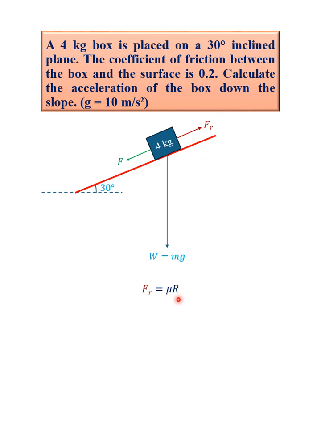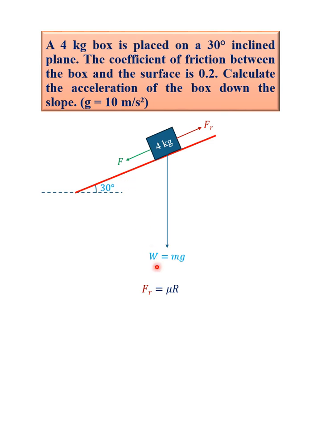Then, what is R? R is the normal reaction. The word normal means 90 degrees. It is always perpendicular, always normal to the surface bearing the object. If you look at this weight, it is not perpendicular to this surface.